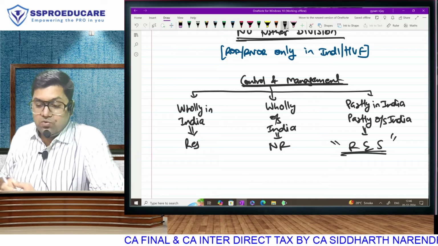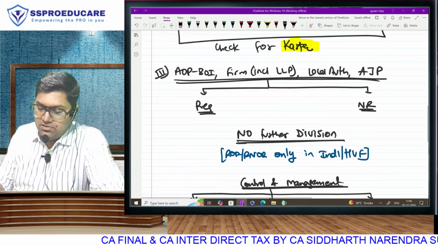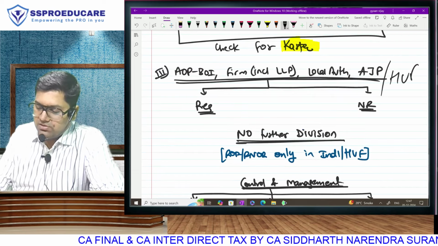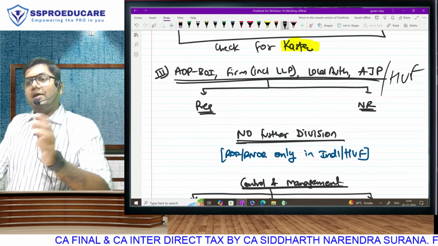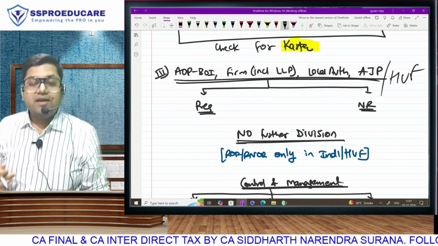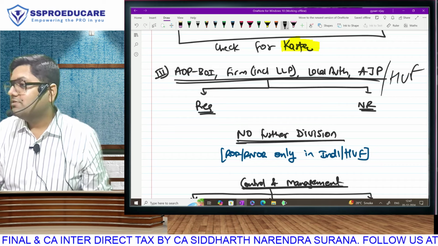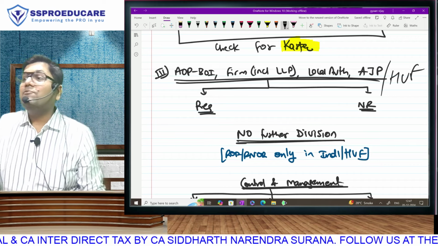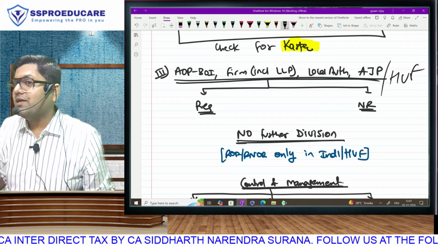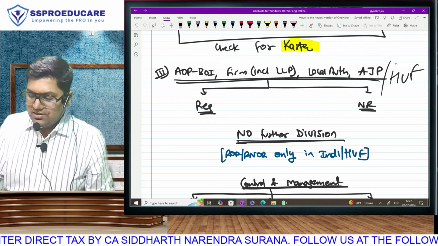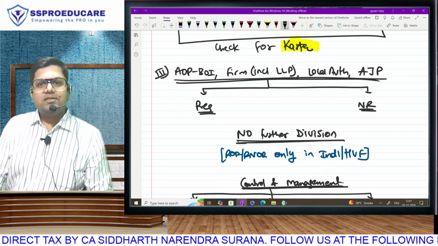Believe me, I could have actually merged HUF also here and done all of them together, and then come to step number 2 and say this step number 2 is only for HUF, not for the others. Because step number 1 is same for all of them. One decision also in India, then it will be declared as resident. Same as HUF.